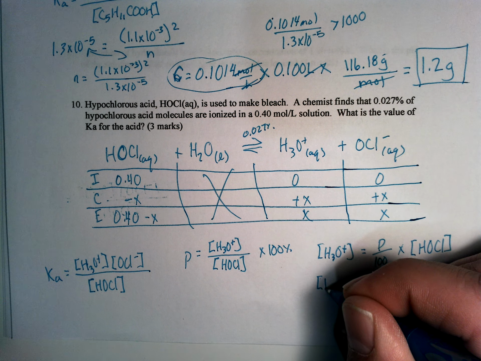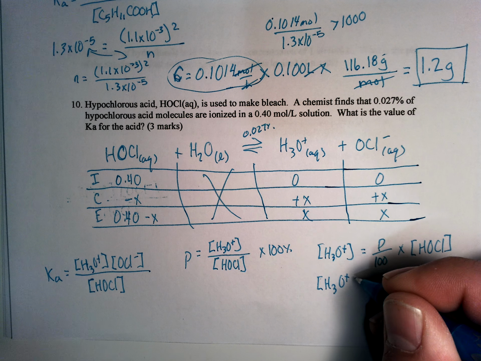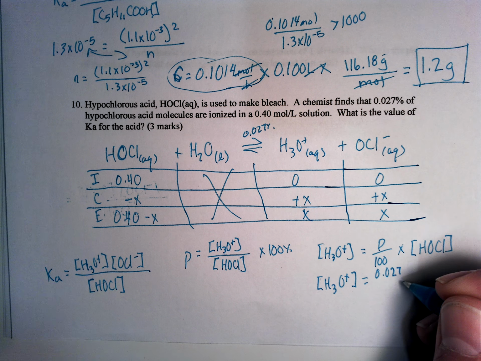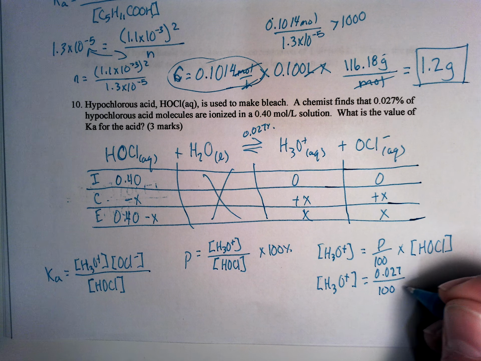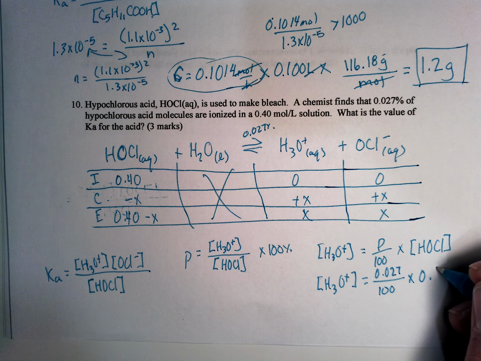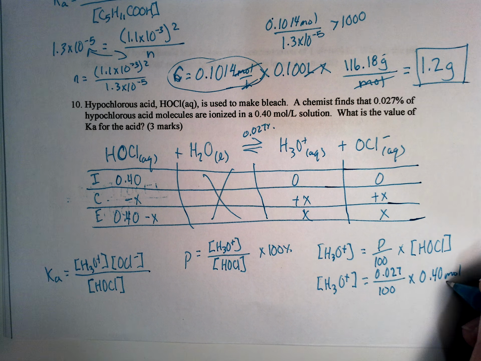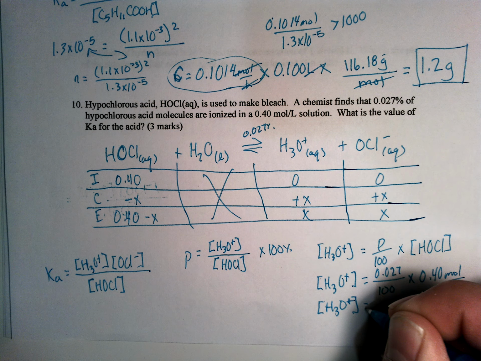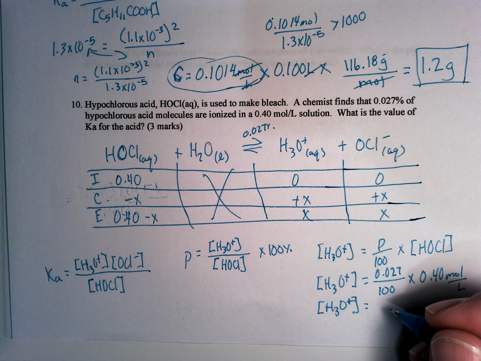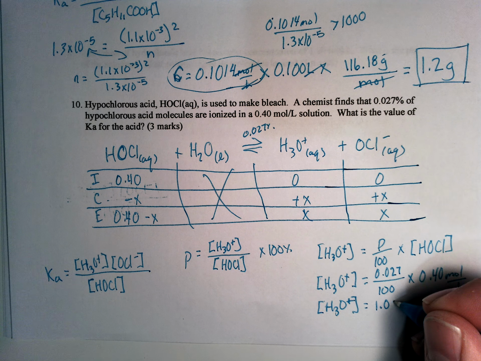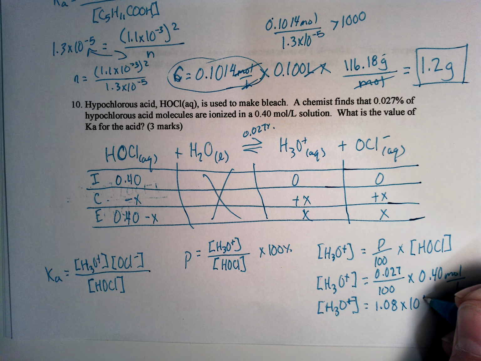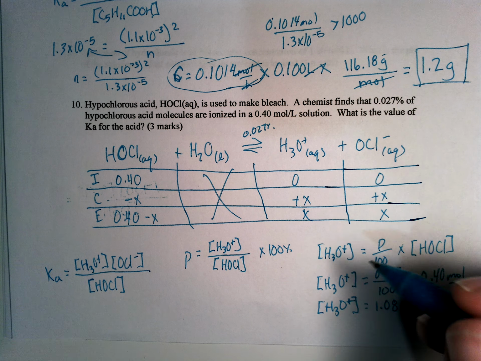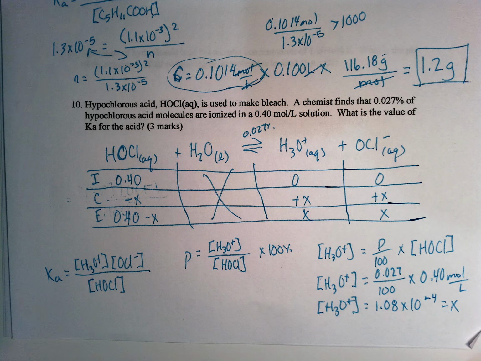We can put our numbers in now: 0.027 divided by 100 times 0.40 moles per liter. And our concentration of hydronium is equal to 1.08 times 10 to the minus 4. So this is equal to X.